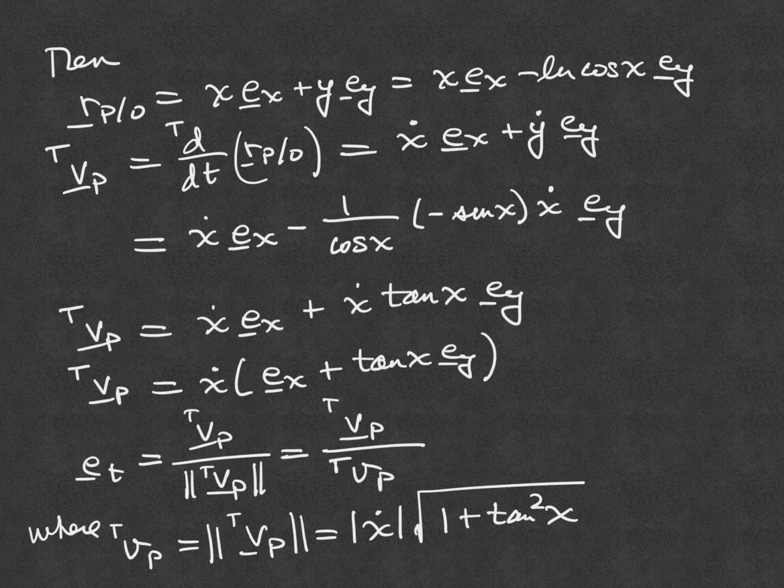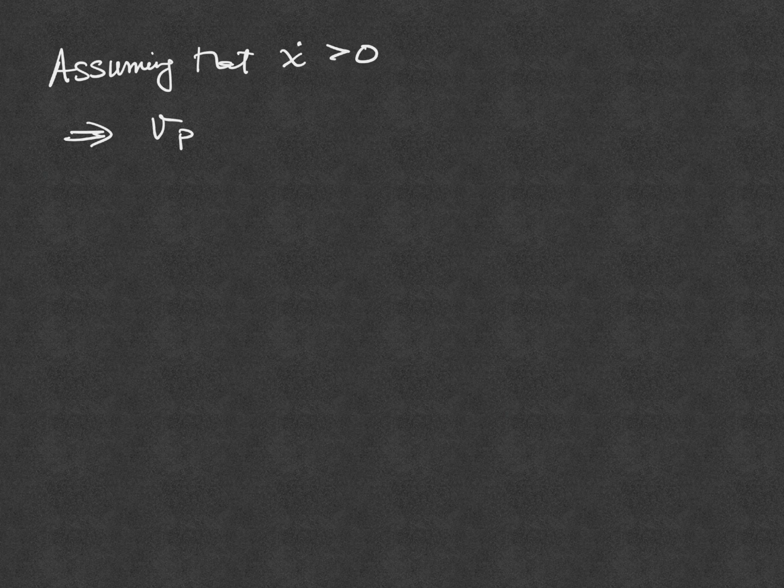Now, assuming that x dot is greater than 0, which means we're moving forward, the speed is equal to x dot times the square root of 1 plus tangent squared x.